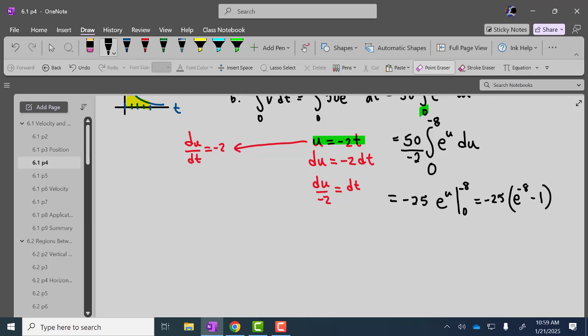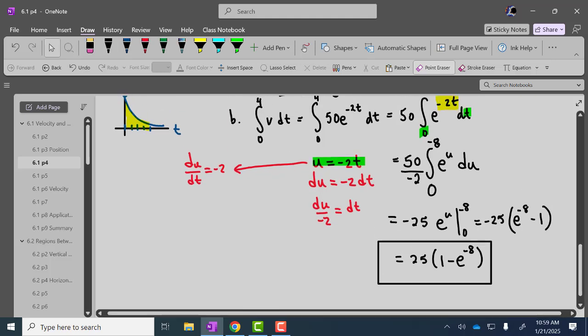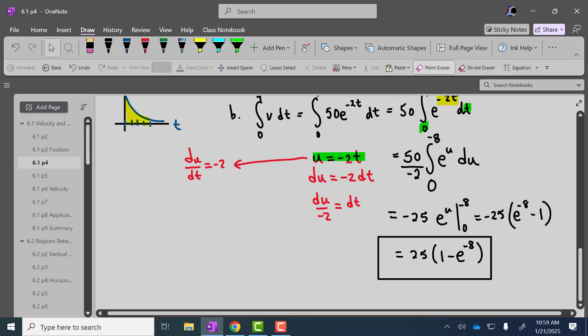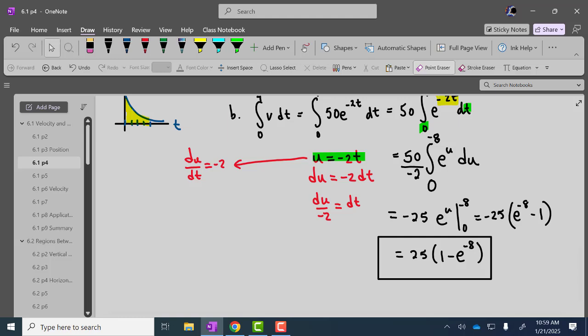If we wanted, a lot of books hate having leading minuses. So a lot of books would distribute that minus and write their final answer this way. They're equal. I wouldn't care. So that is part B. We're measuring displacement at this stage or distance traveled. They're the same, so it doesn't really matter. The units here are going to be meters.